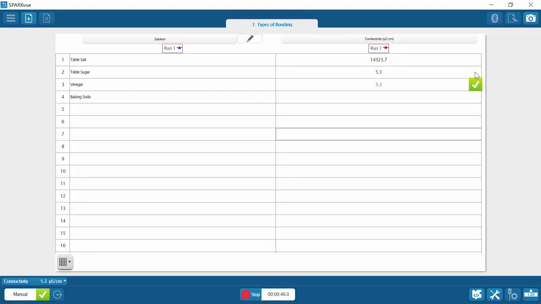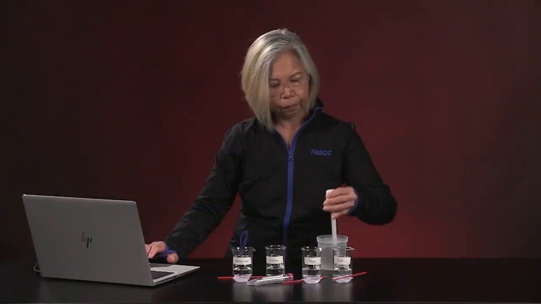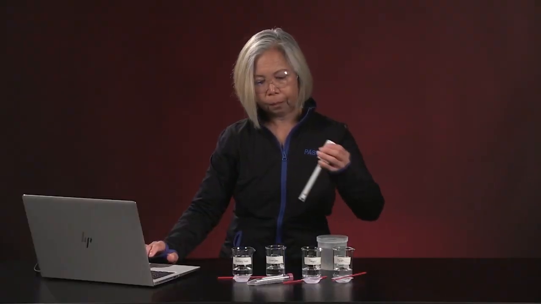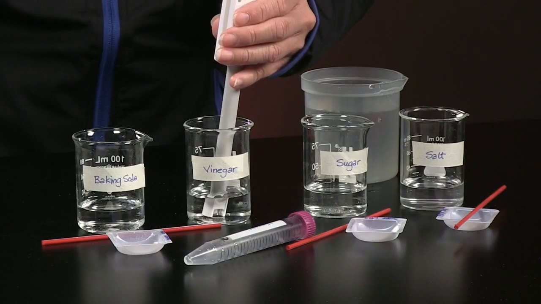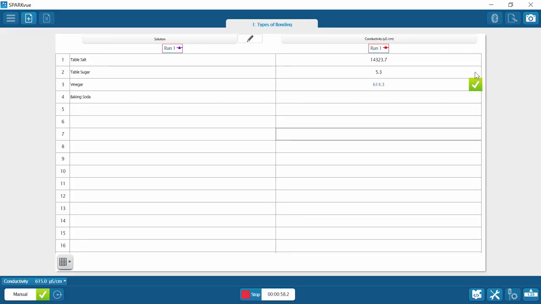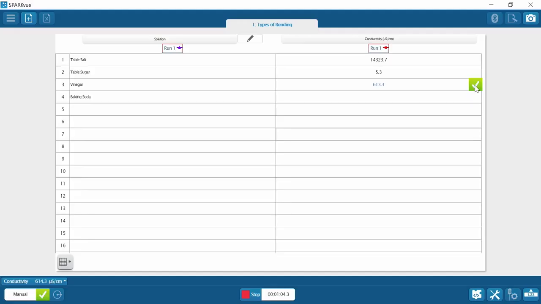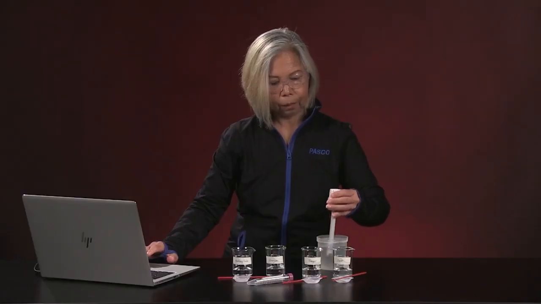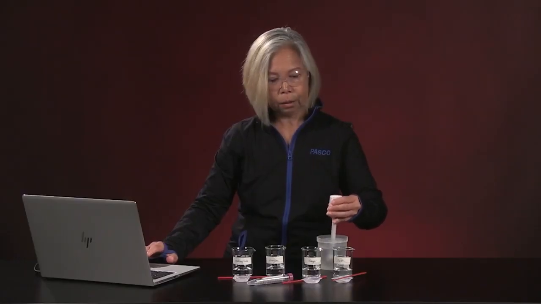Let's give that a little check. Our vinegar solution is reading approximately 615. Let's give that a little check. And our last one is baking soda.